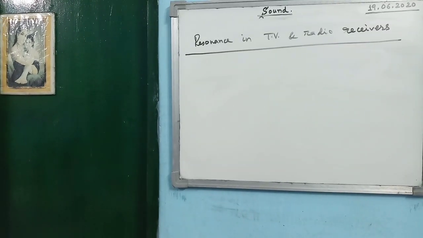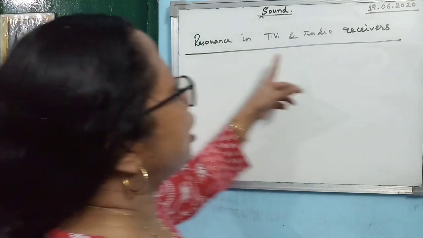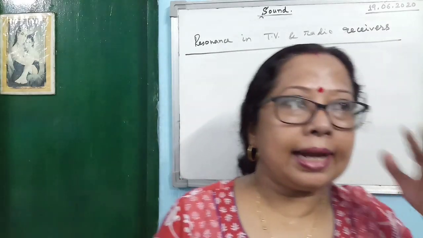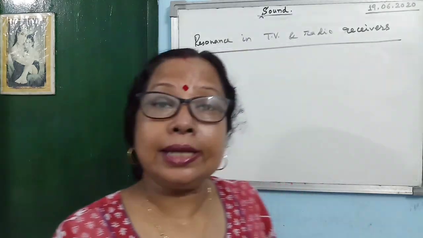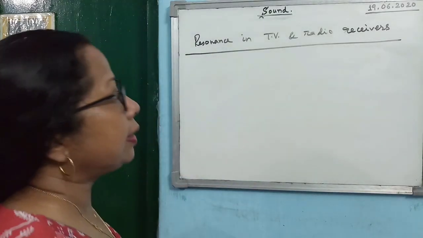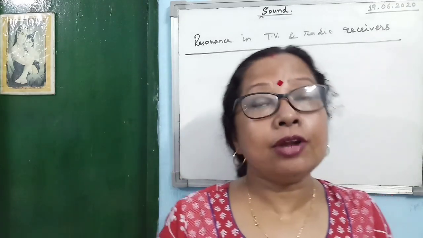Then the last example of resonance is resonance in TV and radio receivers. You know that in TV and radio, when you want to get the different channels, you change the channels, you tune it. So tuning means what? Just understand it. The audio signal or video signal all comes in the form of electromagnetic waves, and they have a certain frequency.